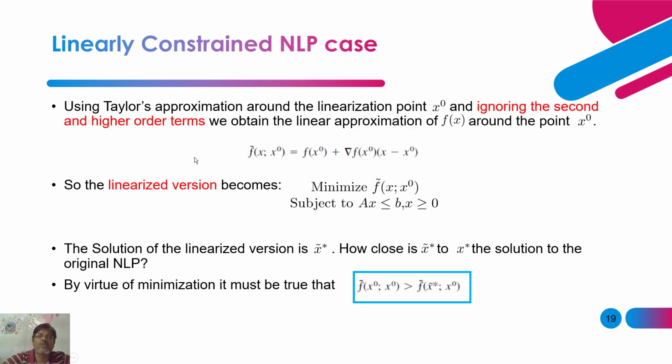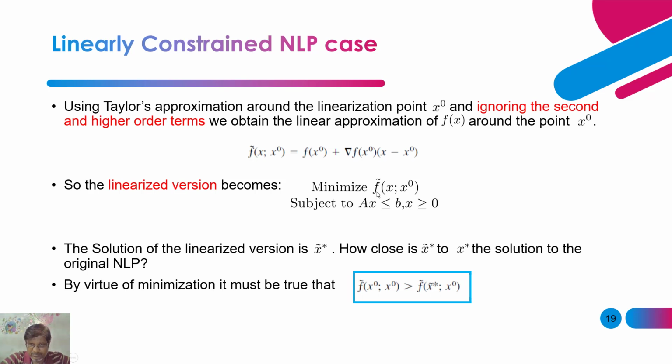So what we do here is, first of all, using Taylor approximations around the linearization point x naught, we linearize it. Ignoring the second and higher order terms, we can obtain the linear approximation of f of x around the point x naught, like this. So the linearized version becomes like this.